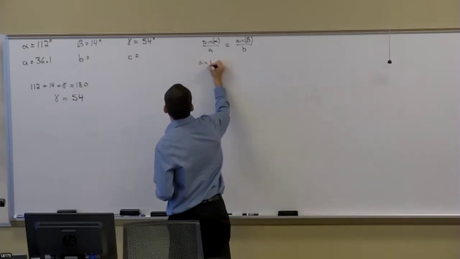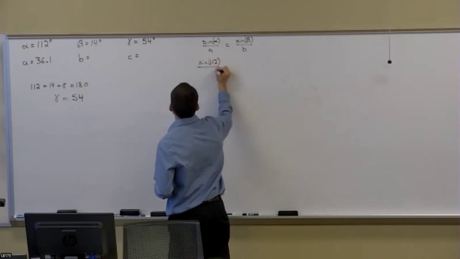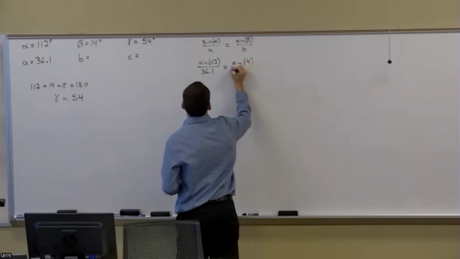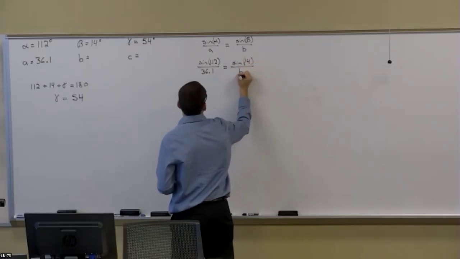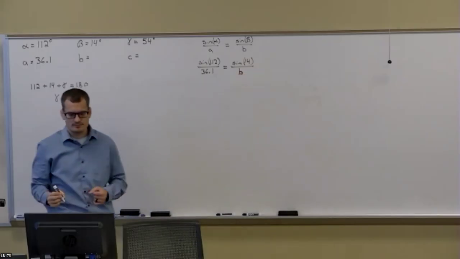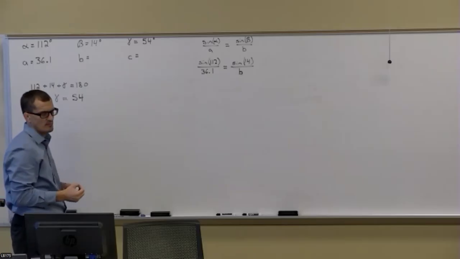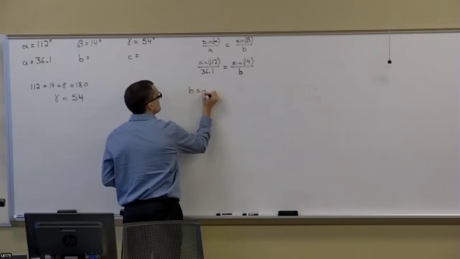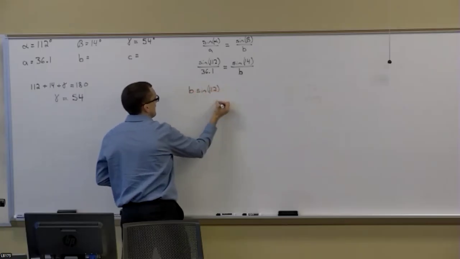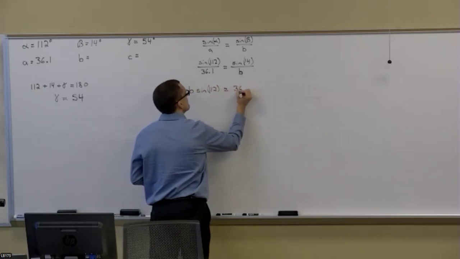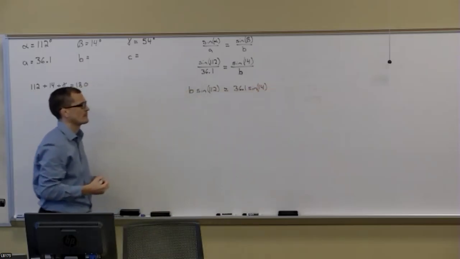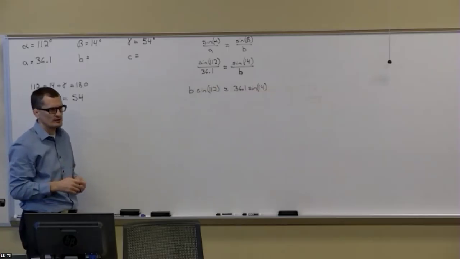In this case, that sine of 112 degrees divided by 36.1 is equal to sine of 14 degrees divided by the unknown value of B. Multiply both sides by B, and then both sides by 36.1. And then divide by the sine of 112 degrees.